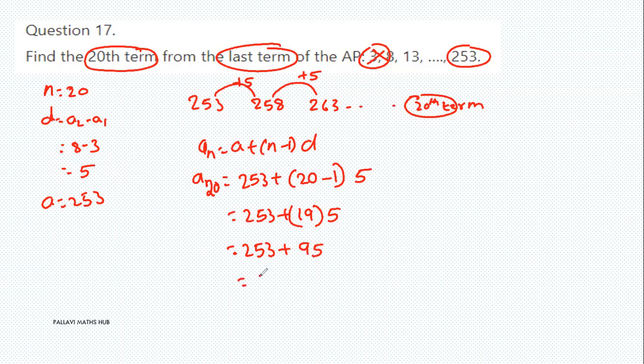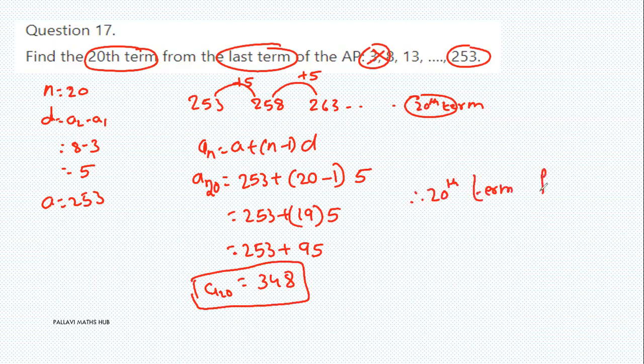Add this one, you will get 348. So A20 is equal to how much? 348. Therefore the 20th term from the last term is 348. I hope all of you understood this sum.